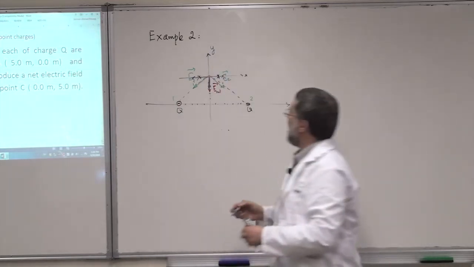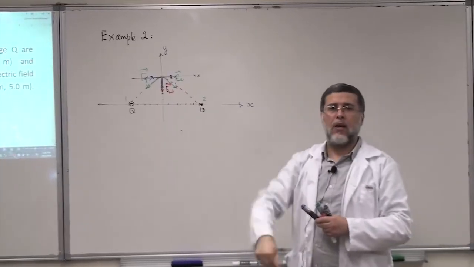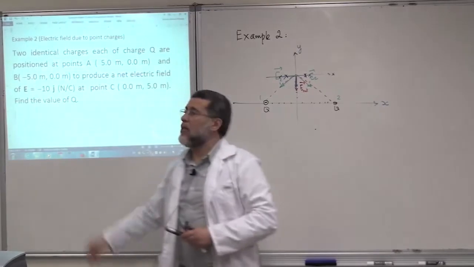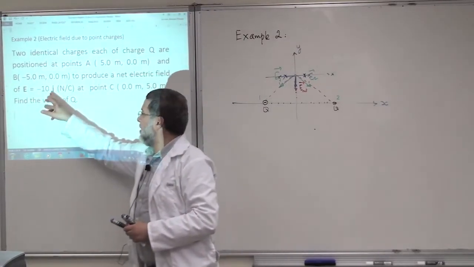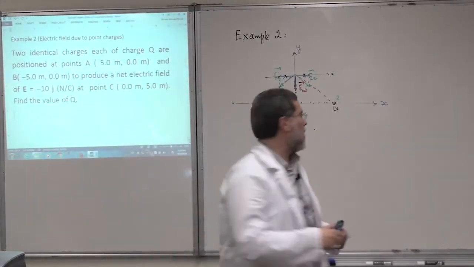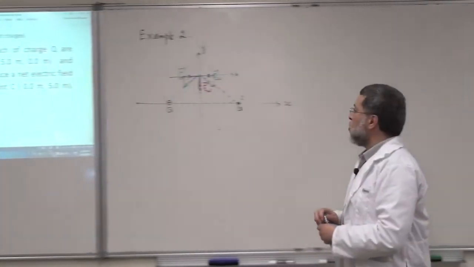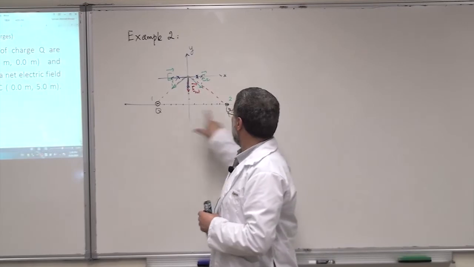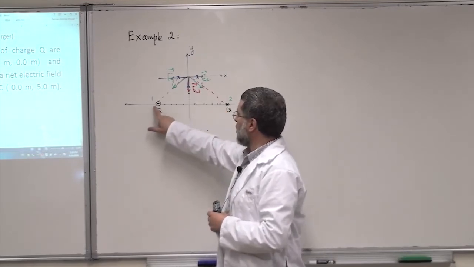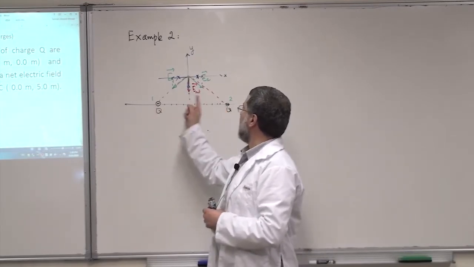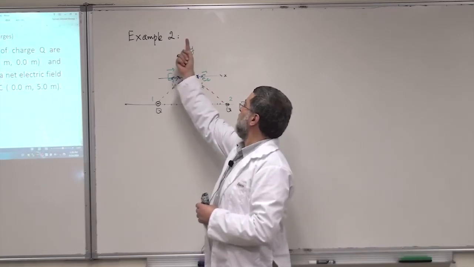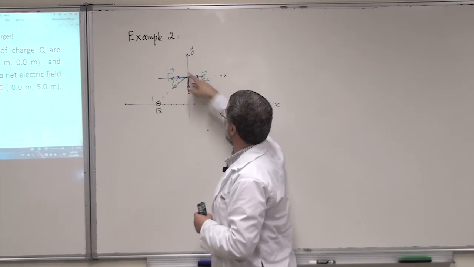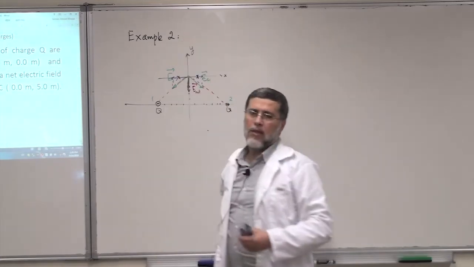You have a net electric field pointing in the negative y direction, minus 10 j. This is the magnitude, and this is its direction along the negative y. So this is how you can tell about your charge: the charge is negative here. If the charges were both positive, the fields would point radially outward, and the net would point upward.